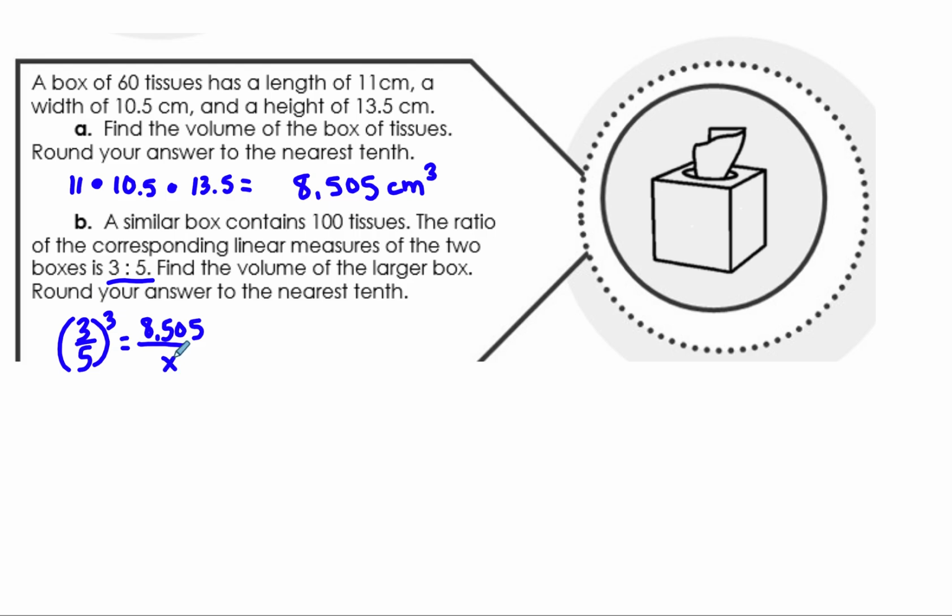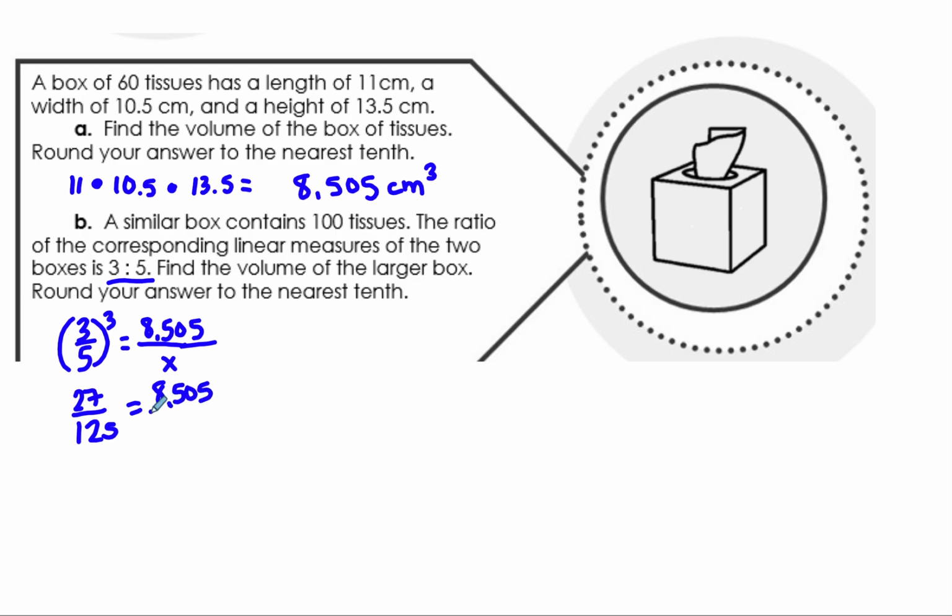We don't know what the volume of the bigger one is. So we're going to go ahead and start by just cubing our ratios. So 3 to the third power is 27. 5 to the third power is 125.